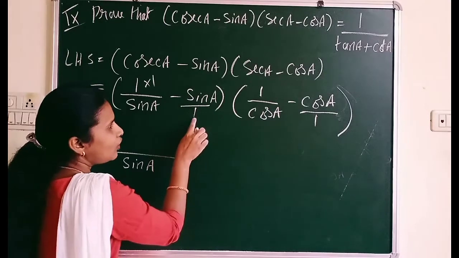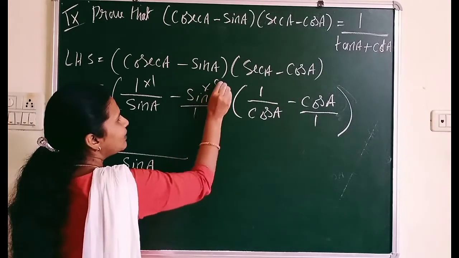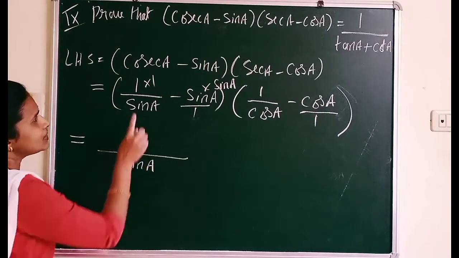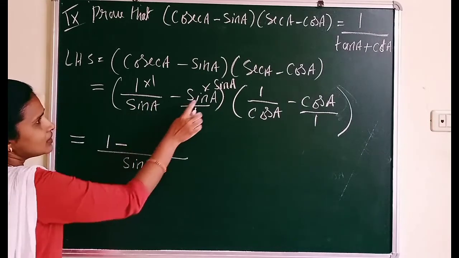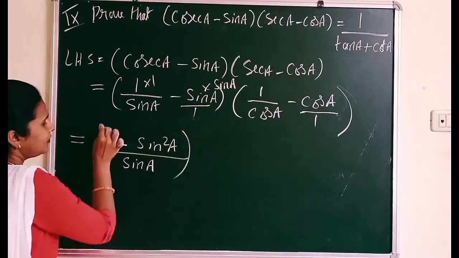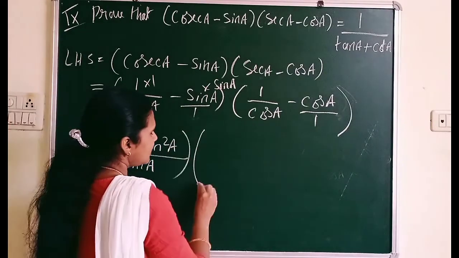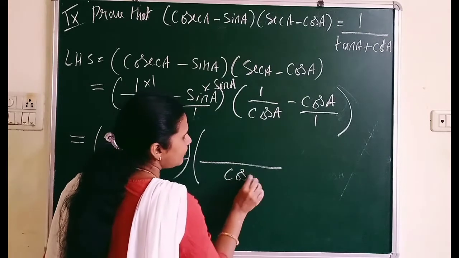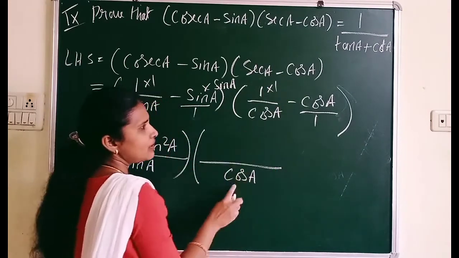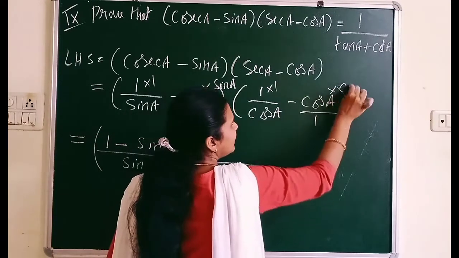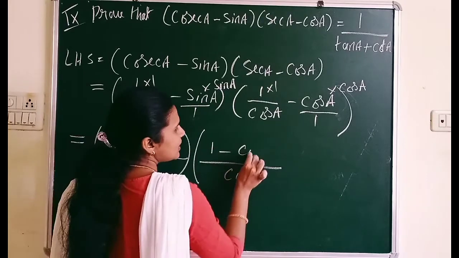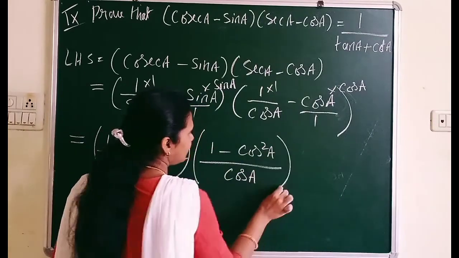And in the denominator you have 1, so multiply it by sine A. So 1 minus sine A into sine A is 1 minus sine square A. Next, in this bracket cos A is the LCM, and here you multiply by cos A. So 1 minus cos A into cos A is 1 minus cos square A.